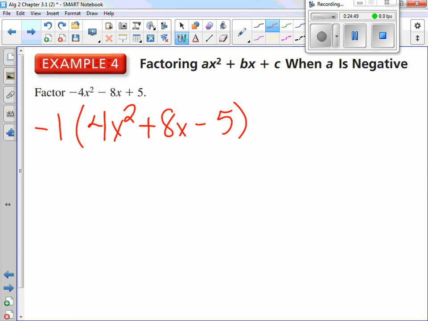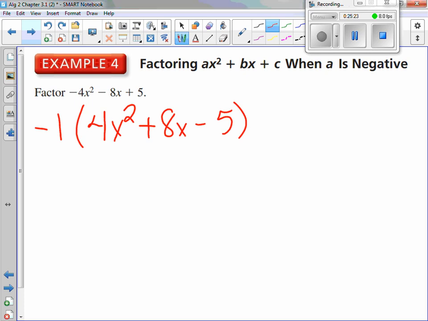But if a is negative, it throws a wrench in it. It doesn't work as well. Really, we can say here, make sure a is positive by factoring out negative 1 if necessary.